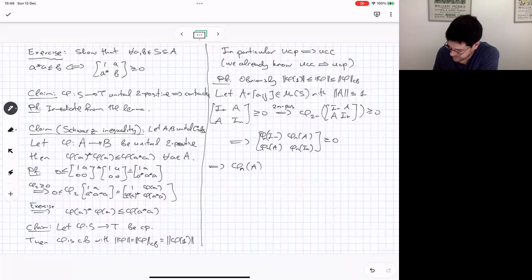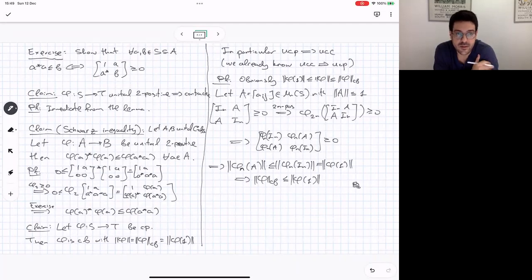You need to do another step to take out a scalar. I will skip this, but you can take the norm of phi_n of I_n out, divide, and then use the lemma. Essentially, it's from the lemma. We have this, but this is nothing but phi of 1. So this shows that the completely bounded norm of phi is less than or equal to the norm of phi of 1. This should not be surprising.